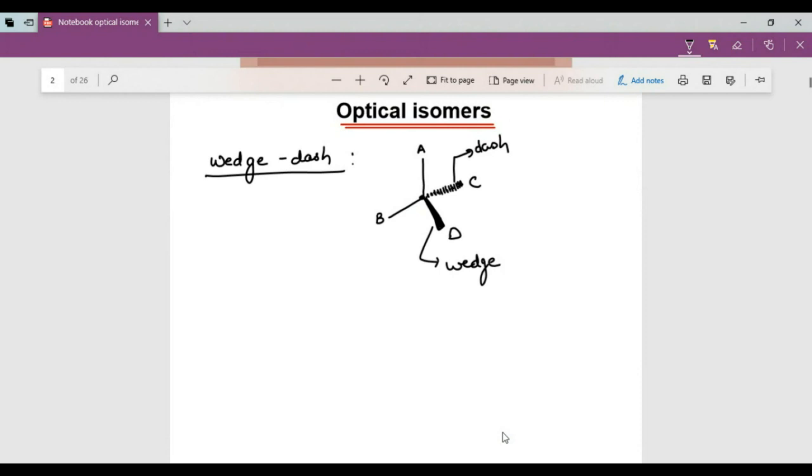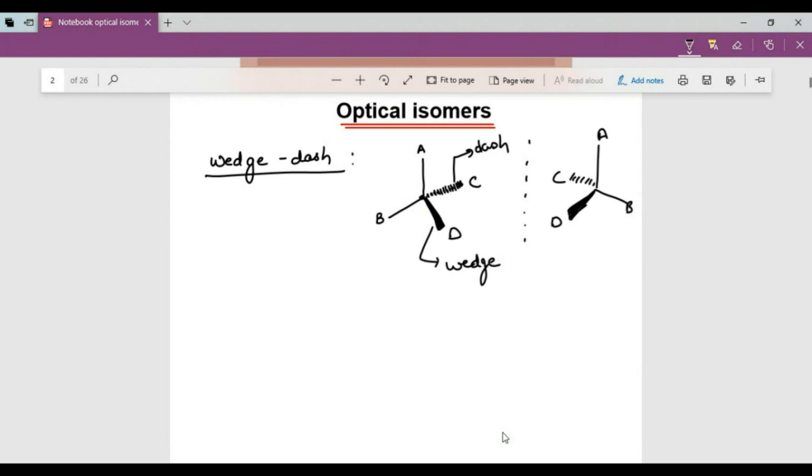Wedge is towards us, approaching the viewer. Dash is behind the plane of paper, and these simple lines are representing within the plane of paper. Its mirror image can be represented as C, A, B, and D.